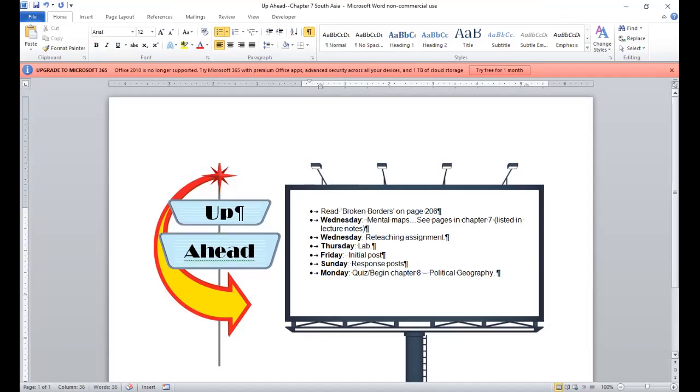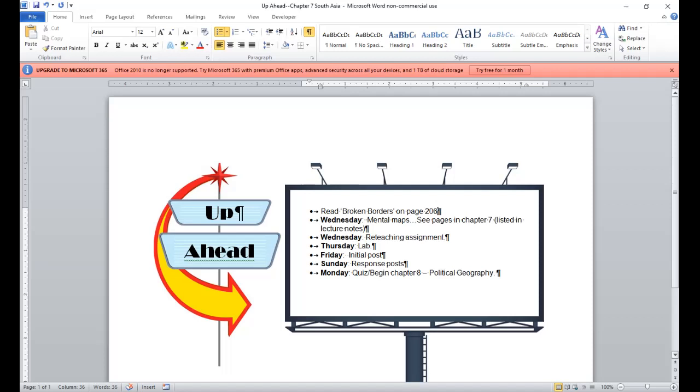On Wednesday, I'm going to have you do a little extra wrinkle for me: the mental maps. You're going to take a blank sheet of paper and do either a map of the United States or a map of the world, and just sketch it out and try to fill it in as best you can. There's no right or wrong answer. Do not worry about whether it looks like Rembrandt did it or how much you can remember.